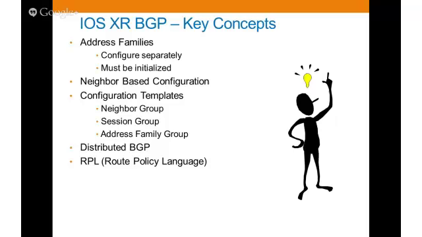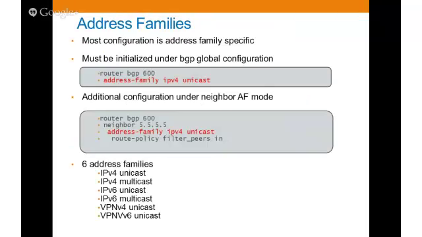BGP, it's again a key concept for IOS XR. This I think we will see in the demo session as well. The basic funda is that for any address family, you will have to initialize the address family first under the global configuration. Once that is done, only then can you go into the neighbor mode and initialize or call that particular address family.